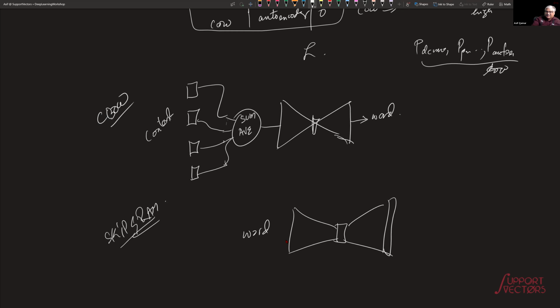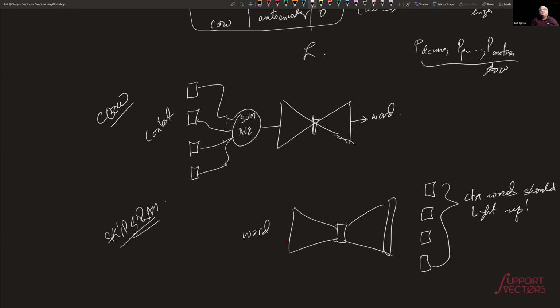What you want is the 4 words should start shining up. The probabilities of those context words should light up. If you think of each probability value as how much that bulb is lighting up, you want those 4 words to light up and not other words to light up. Are we understanding it, guys? So this is an implementation detail. It just so turns out that when you use the skipgram model, you get much better results. There's nothing mysterious about it.